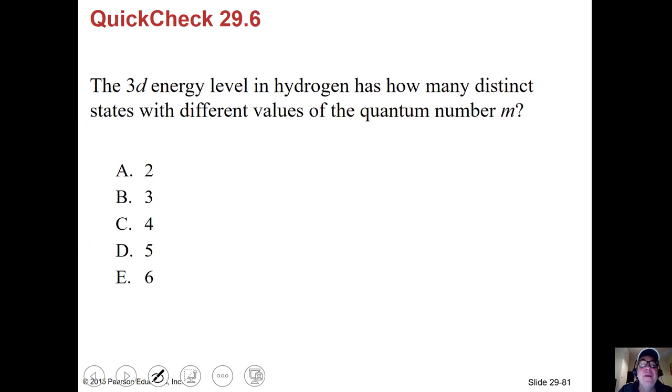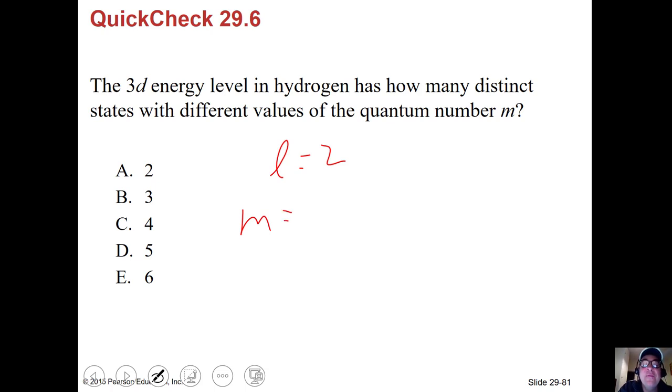The 3D energy level in hydrogen has how many distinct states with different values of quantum number m? So 3D, this is the one we just did, that was l equal to 2. They're asking, what can m possibly be?